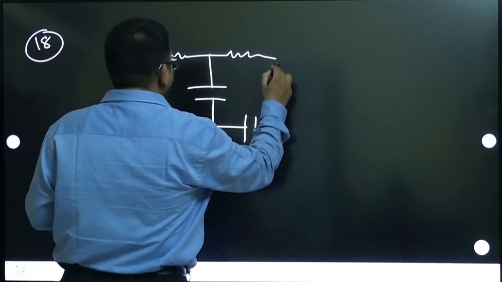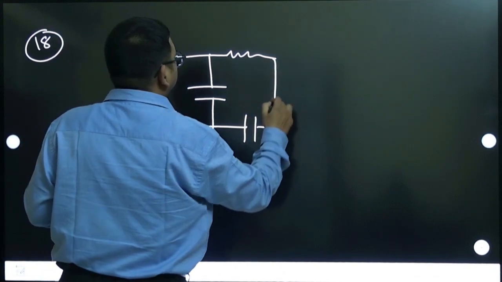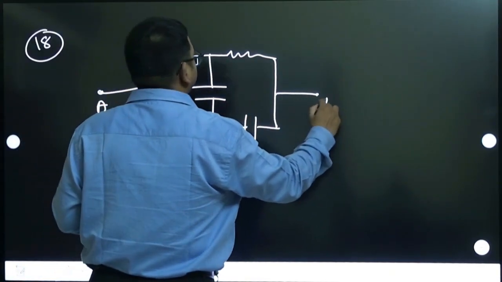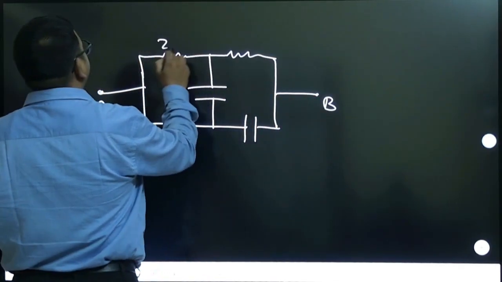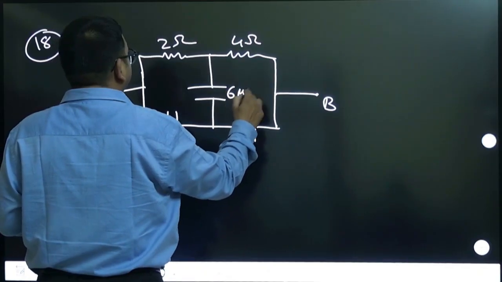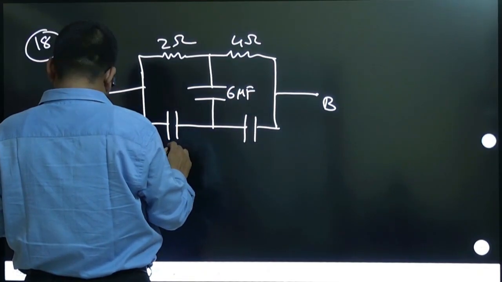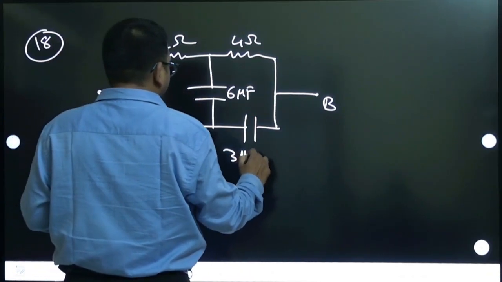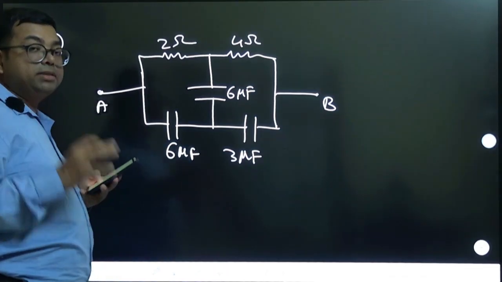Another capacitance is there. This is point A. This is point B. Value of resistance 2 ohm, 4 ohm, 6 microfarad, and this is 6 microfarad, this is 3 microfarad. They are asking equivalent capacitance between A and B.